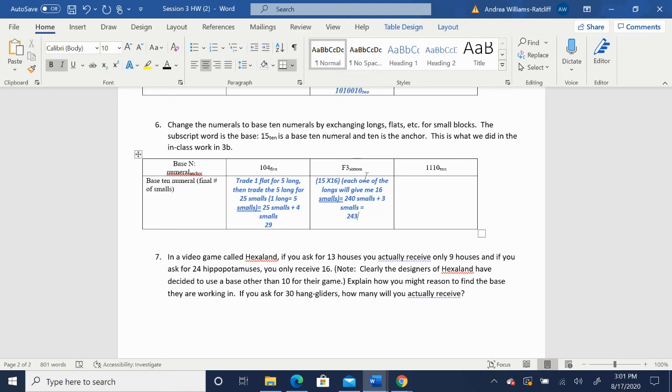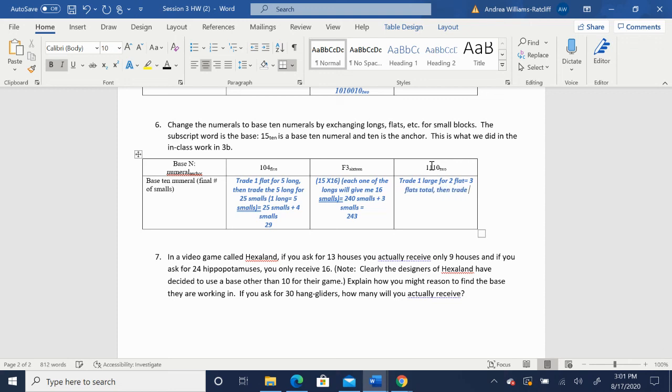Again, we're thinking about place value and trading as we go. All right, base 2. Smalls, longs, flats, larges. So trade 1 large for 2 flats, right? That now gives me 3 flats total, because I got 2 from here and I already had 1 there.